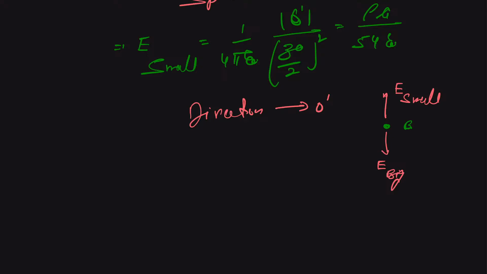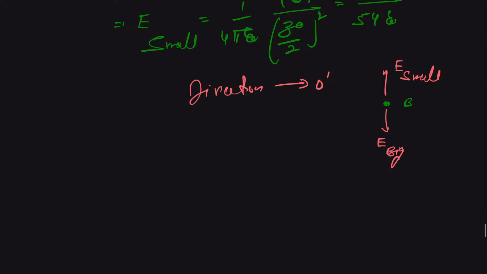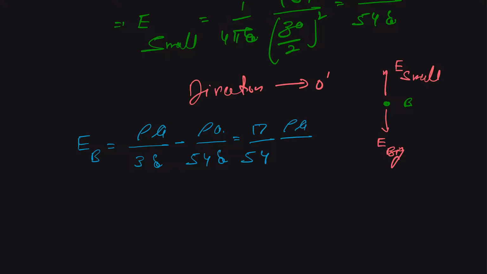So both are in opposite directions. Therefore the net electric field at B will be equal to the big electric field minus the small electric field, which comes to 17 upon 54 rho A by epsilon naught.